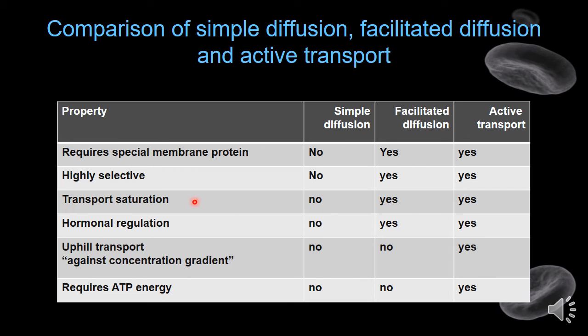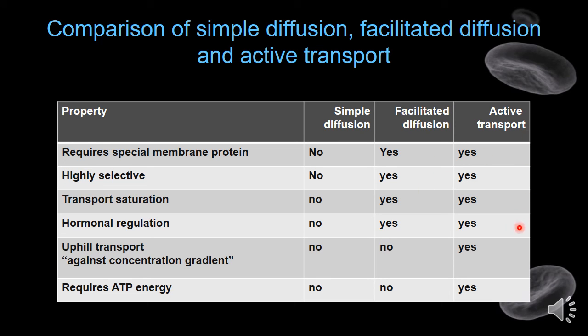It does not show transport saturation. It is not regulated by hormone, and it is not moving the material against the concentration gradient. It moves the material with the concentration gradient from high concentration to low concentration. And lastly, it does not need energy.